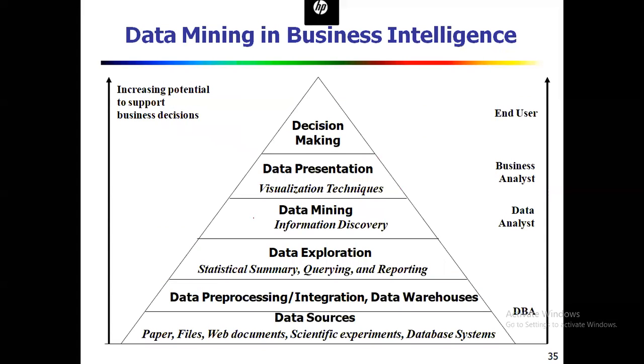Decision making has this pyramid where we have sources of data from different places, and then we process, integrate, and warehouse the data.